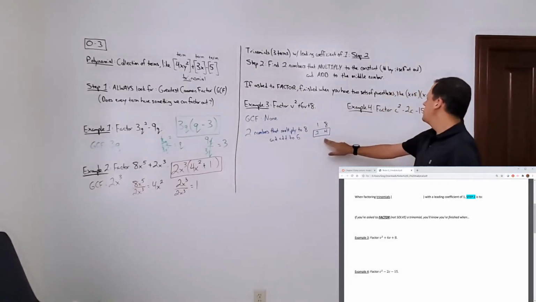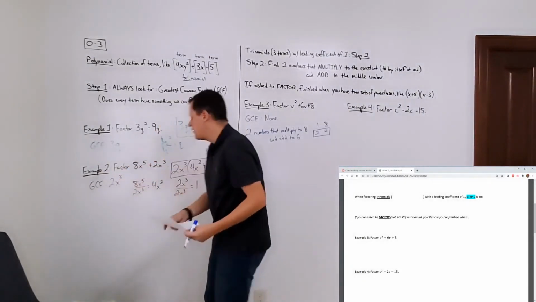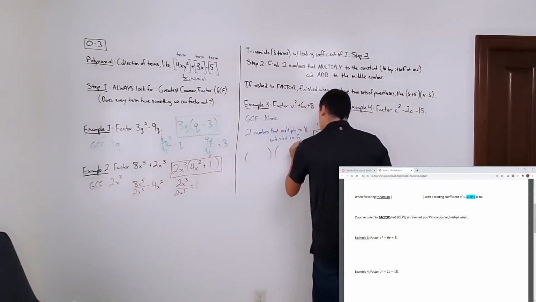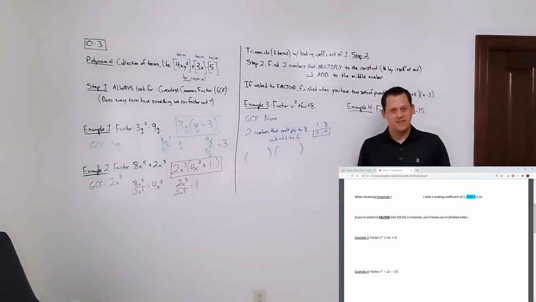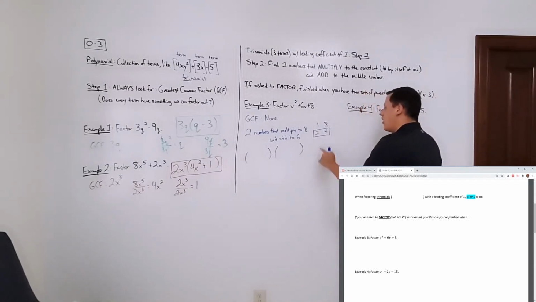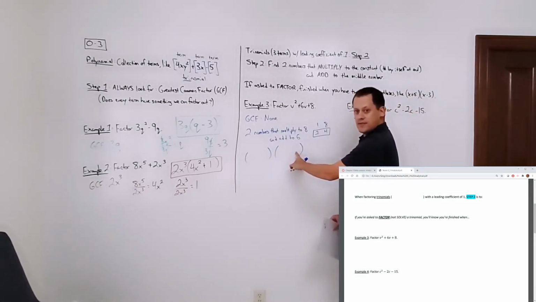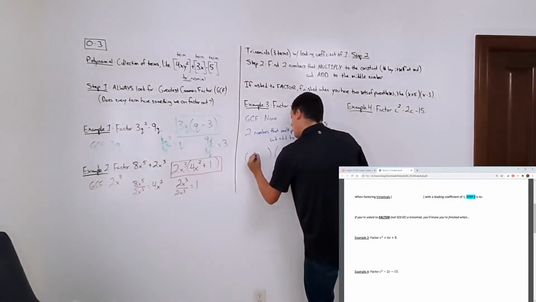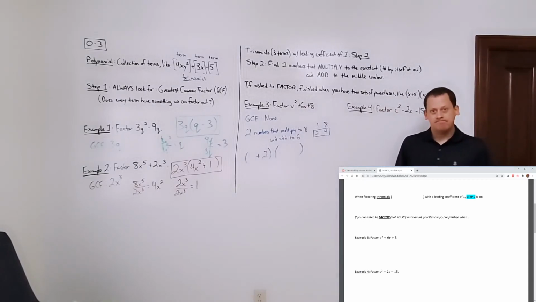Once you've found your two numbers, here's what you do. You're going to write two empty sets of parentheses that you're going to fill in. Your two numbers are going to be what goes in the back of each parentheses. So this is a positive 2, so I'm going to write plus 2 in the back of that one.